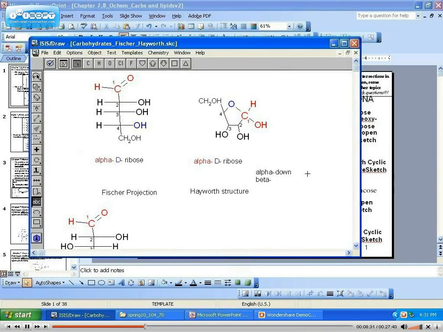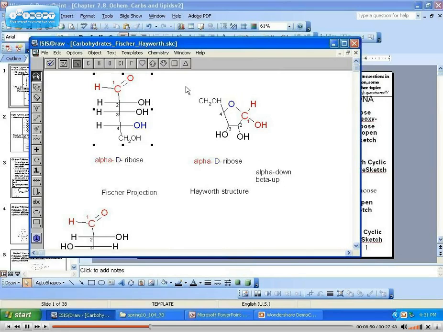Usually they like to use the Greek alpha symbol. Usually on my tests, however, I like actually writing out the words ALPHA for alpha. For beta, it's up. So now you can see in this cyclic structure right here, this is alpha D-Ribose, because it was originally D in the open chain form.